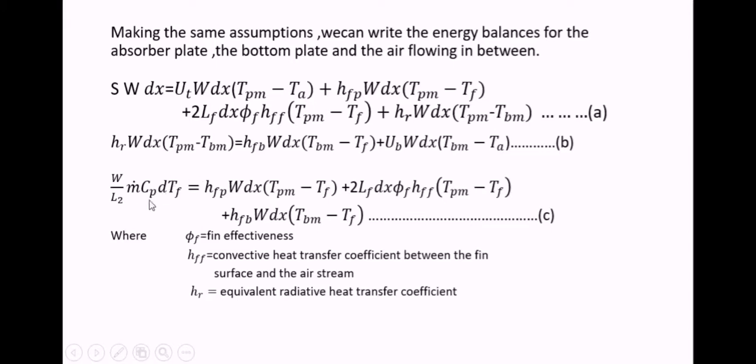Then for the air flowing in between, the equation is W by L2 into m dot Cp dTf, which is equal to HFP into W into dx into TPM minus TF plus 2LF dx phi F HFF into TPM minus TF plus HFB W dx into TBM minus TF. In this, phi F is the fin effectiveness, HFF is the convective heat transfer coefficient between the fin surface and the airstream, and HR is the equivalent radiative heat transfer coefficient.